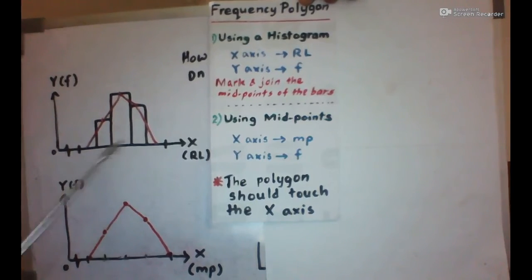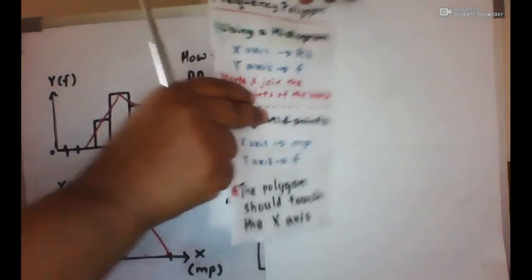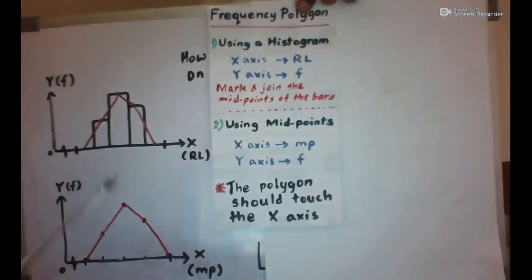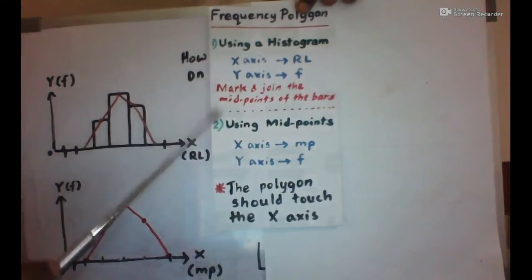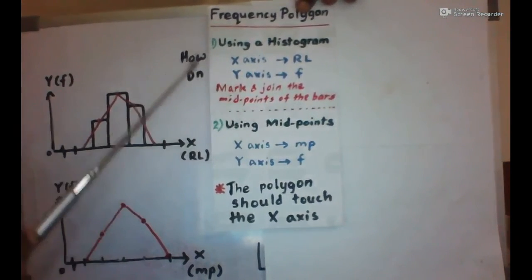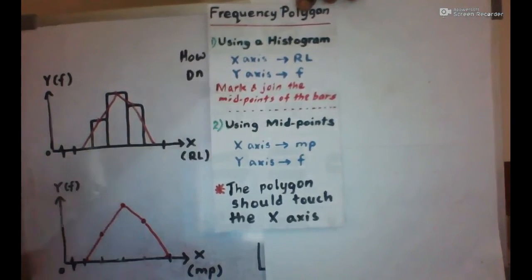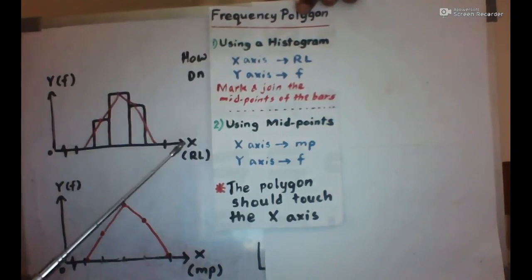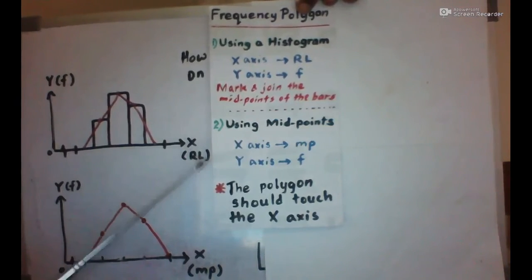Okay. Here I want to highlight 2 things. One is at the exam, sometimes they will mention a particular method. For example, using a histogram, draw a frequency polygon. Or using the midpoints, draw a frequency polygon. Sometimes they will not specify a particular method.